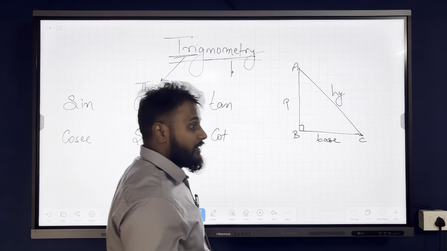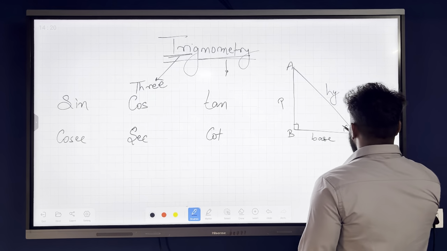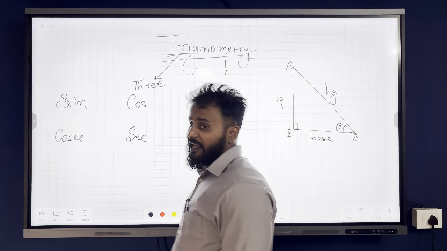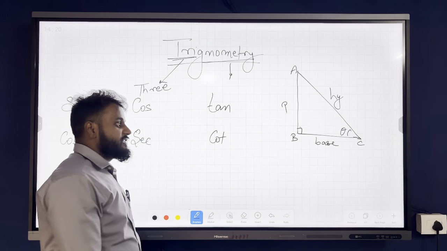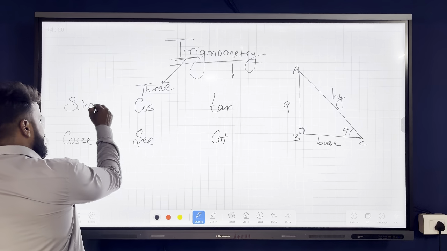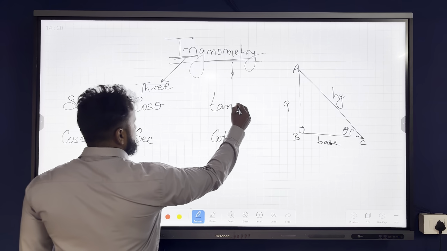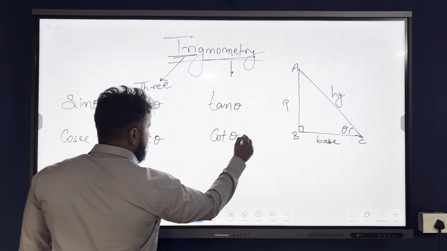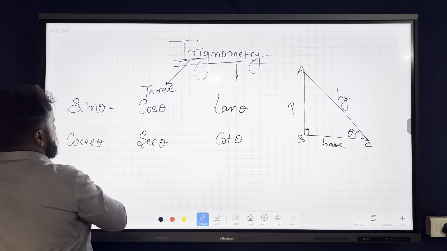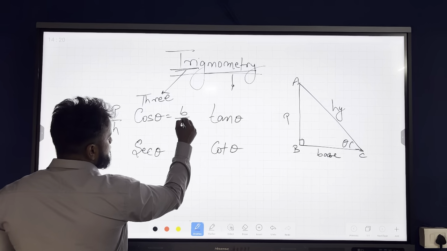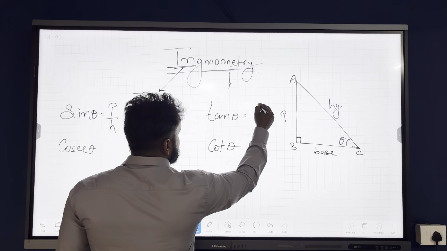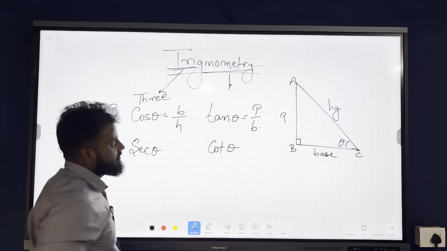Now, in angle C, we write this term as theta. Theta represents the angle between the lines BC and AC. It represents a particular angle which we are going to find. The formula of sin theta is P by H, cos theta is B by H, and tan theta is P by B.